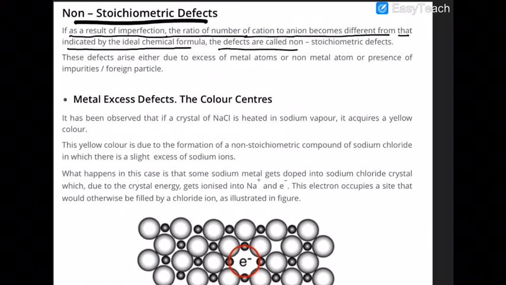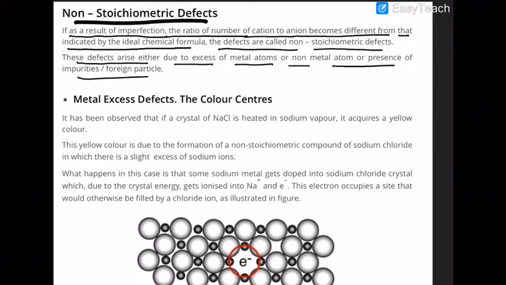These defects arise due to excess of metal atoms, or presence of impurity or foreign particles. So one of them is the cause.